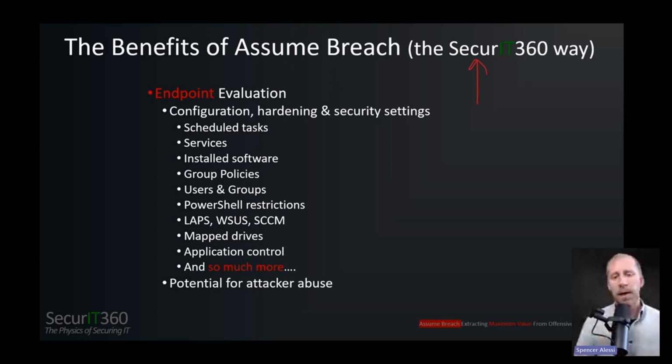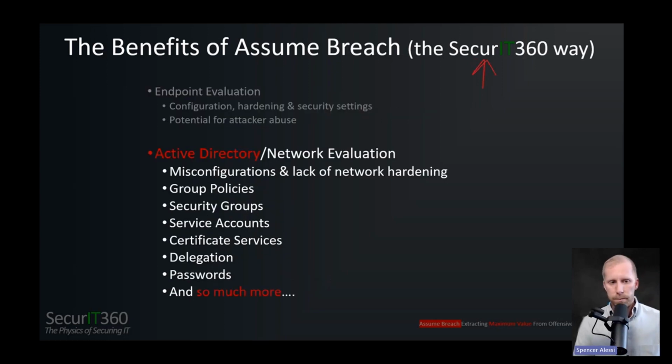We're trying to go through everything on that endpoint to see, is there anything that we can abuse to elevate our privileges, to move laterally, to obtain persistence, whatever the case may be. We want to see, can that endpoint be abused and how hardened is it against attack? So that's step number one for us, that endpoint evaluation.